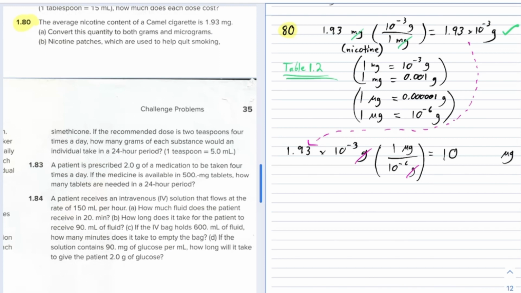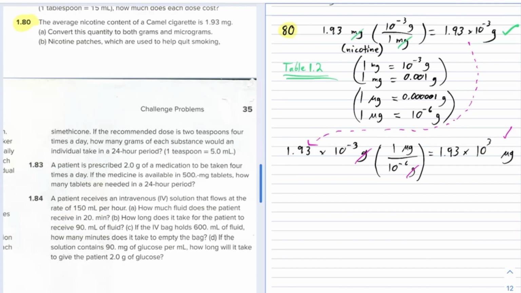Oh, I forgot the 1.93. So 1.93, and then it's going to be 10 to the positive 3. Hopefully you see how I got that answer right there. So that's the mass in micrograms.